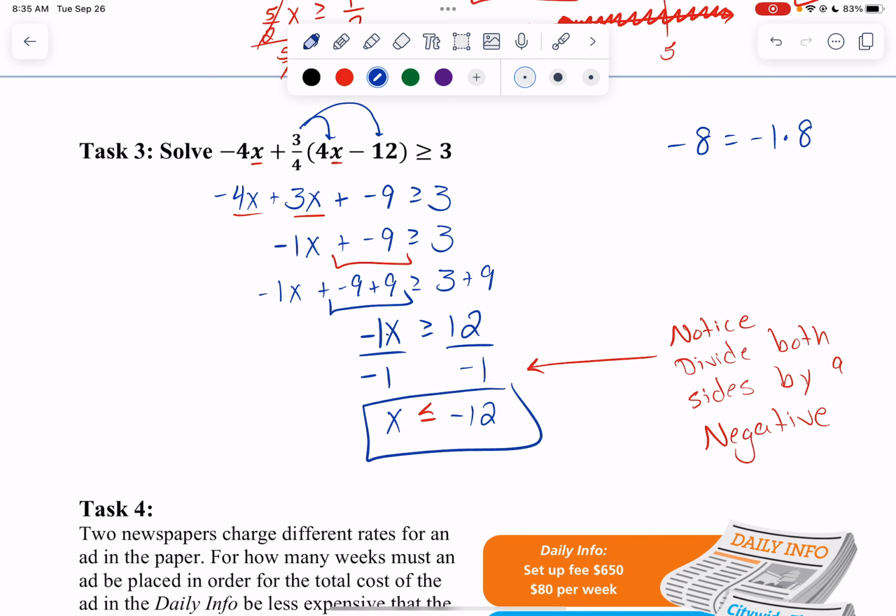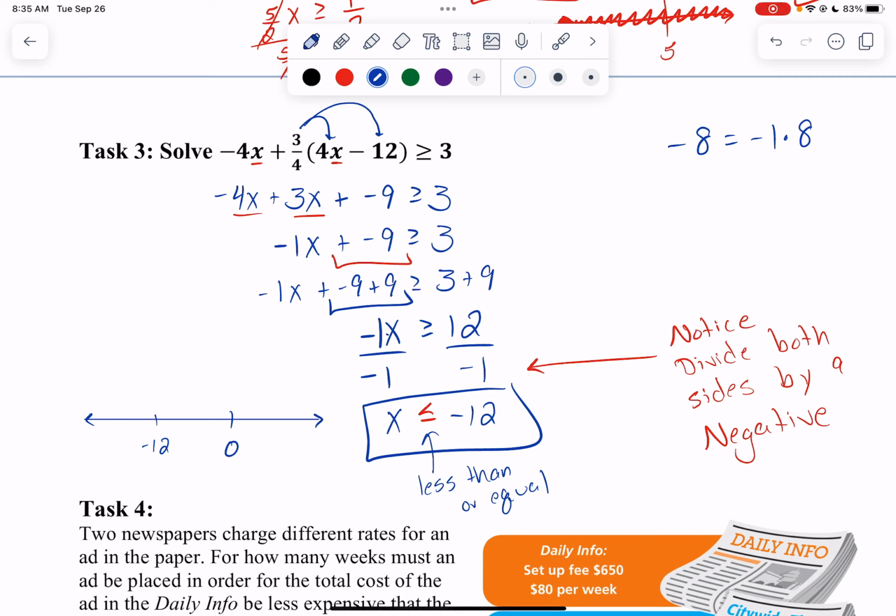I will tell you, at least half of you will probably make that mistake at some point in your homework. So if you are dividing both sides by a negative in an inequality, your inequality has to flip. Okay. So if we graph the solution set to this, here's my negative 12 because it's on the negative side. Here's my 0. This is a less than or equal to.